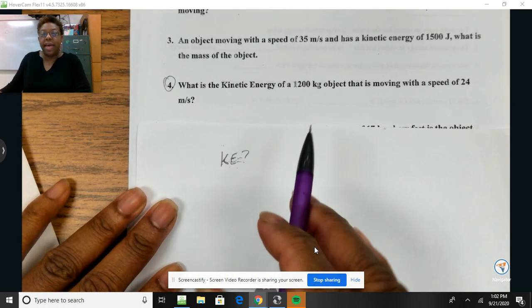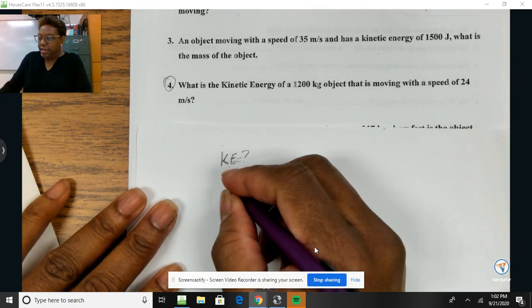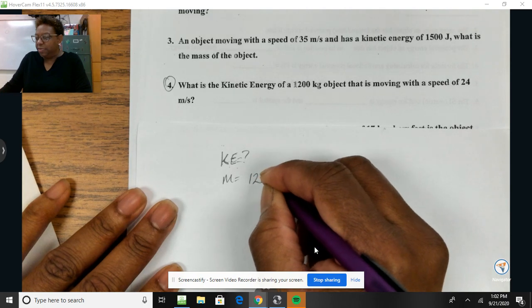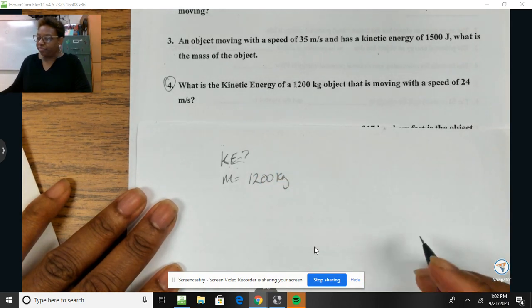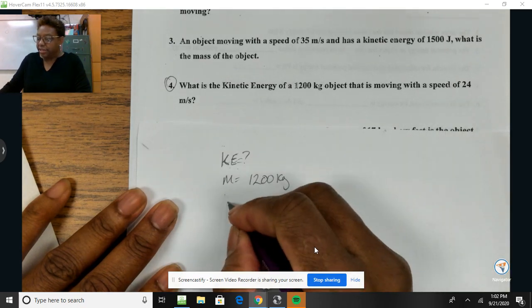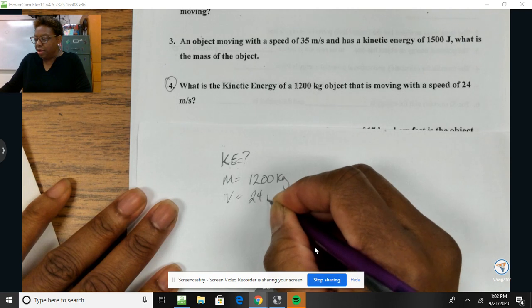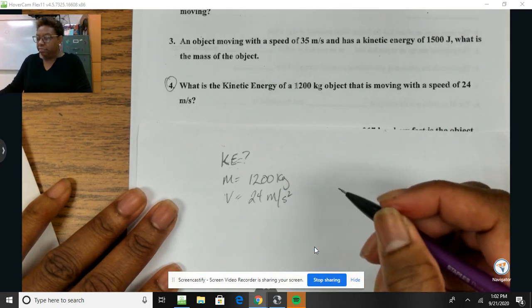All right, so we're looking for kinetic energy. We have a 1,200 kilogram object. So kilograms tells me that that is mass. That is moving at a speed of 24 meters per second. So we know that our velocity is 24 meters per second.